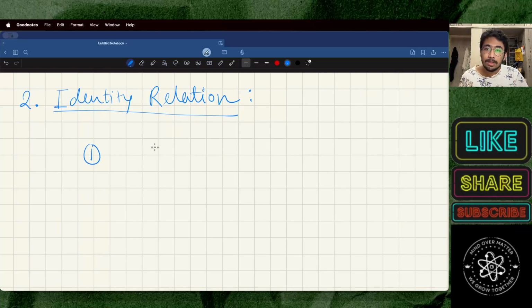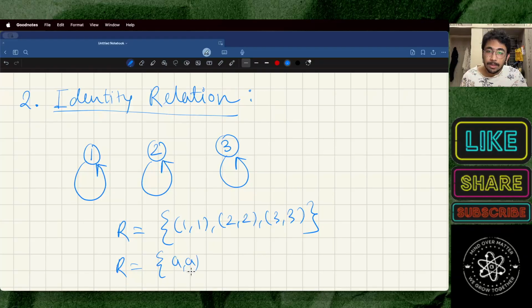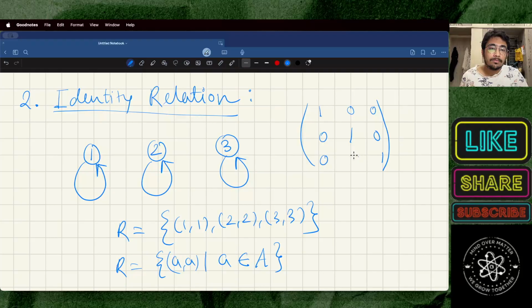Suppose we have 1, 2, and 3. 1 is related to 1, but not to 2 or 3. 2 is related to 2, 3 is related to 3, and the set will be {(1,1), (2,2), (3,3)}. In roster form, this will be {(a,a) such that a belongs to my main set A}. In matrix representation, this will look just like the identity matrix. So this is the identity relation.